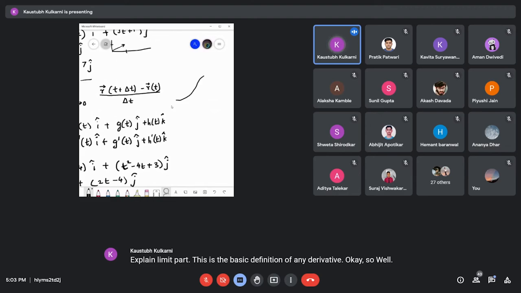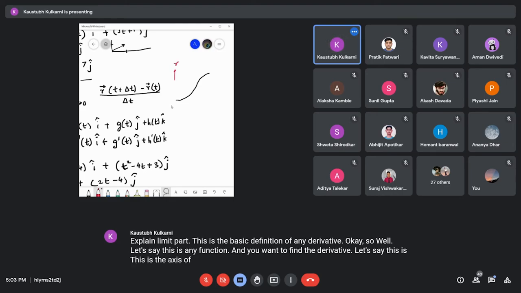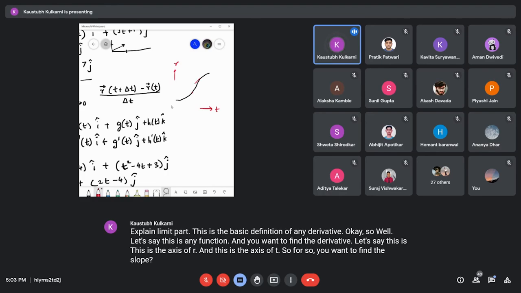Let's say this is any function and you want to find the derivative. Let's say this is the axis of r and this is the axis of t. So you want to find the slope at any particular point, but you cannot.